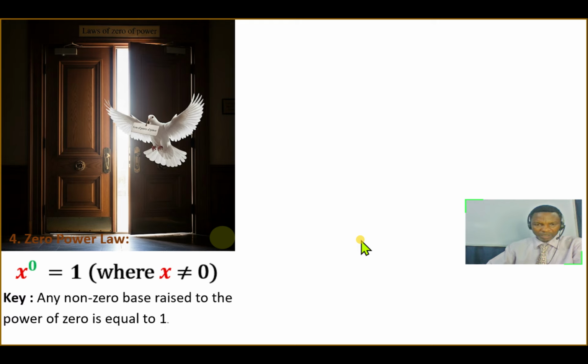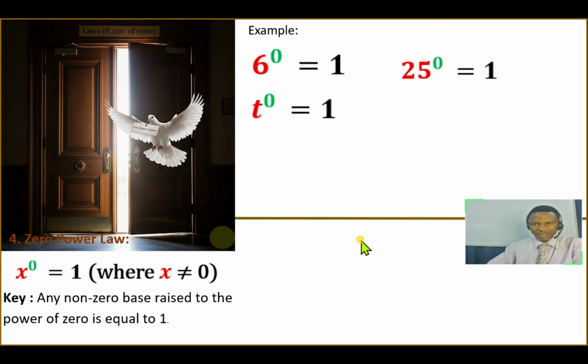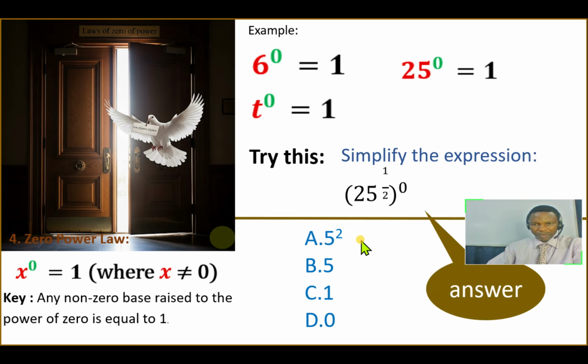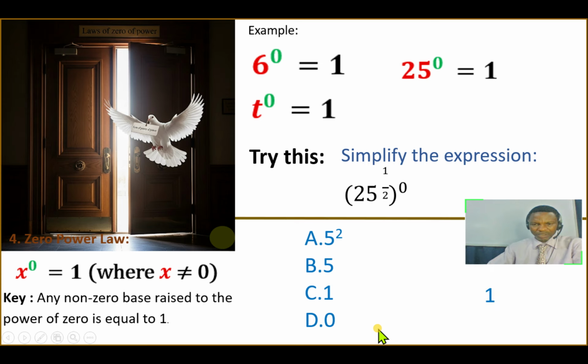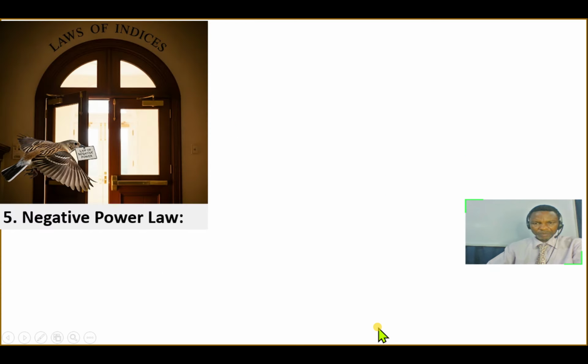For example, 6 raised to power 0 is 1, 25 raised to the power 0 is 1, t raised to the power 0 is 1. So simplify this expression: 25 raised to the power half, all raised to the power 0. What do you think is the answer? It's 1. That is C.